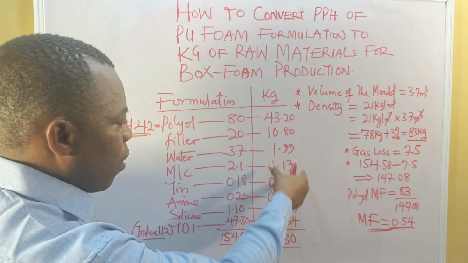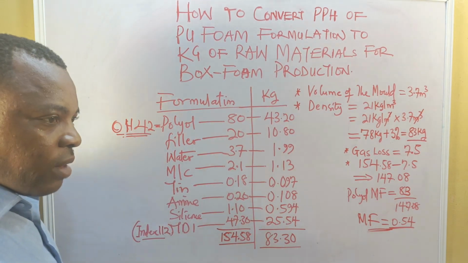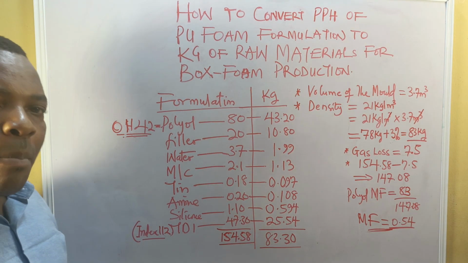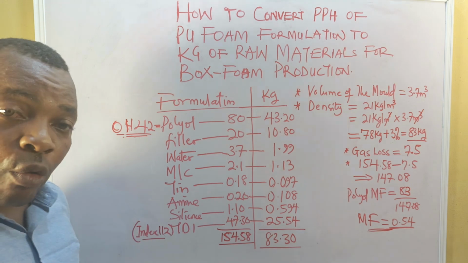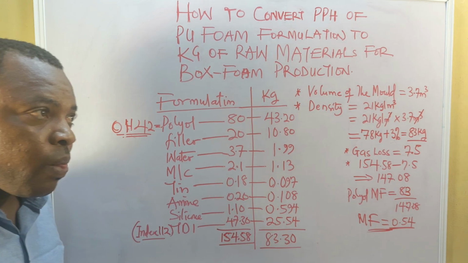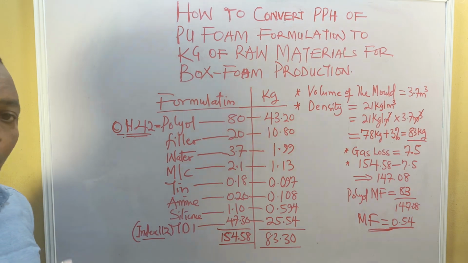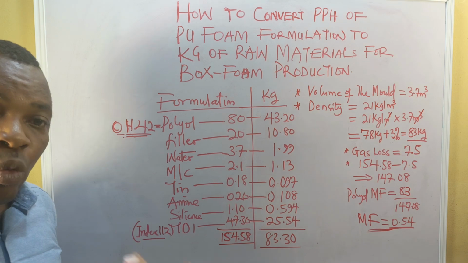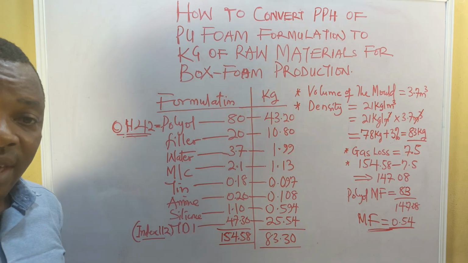Okay. When you add all this raw material, you keep mixing it. For you to have what we call a foam yield, you have to mix your formulation or raw material very, very well. The more you mix it well, the more your foam will rise effectively and release the gas.